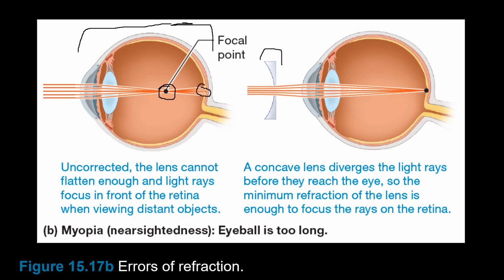So give that person a concave lens, then it diverges those parallel light rays a bit, and then it allows the lens to focus them perfectly for in-focus vision. And what is this again? This is myopia or nearsightedness.